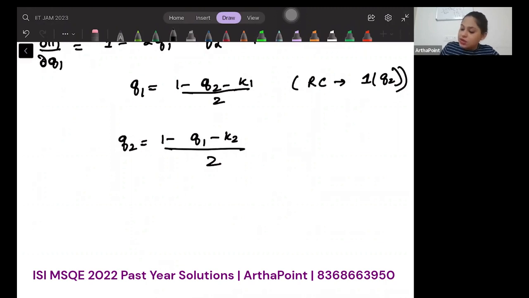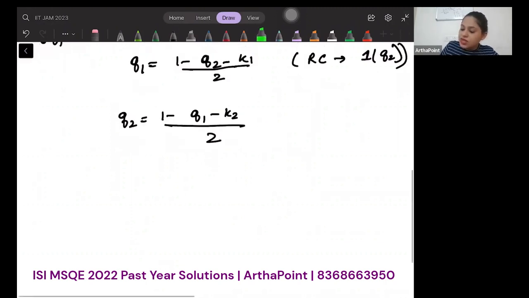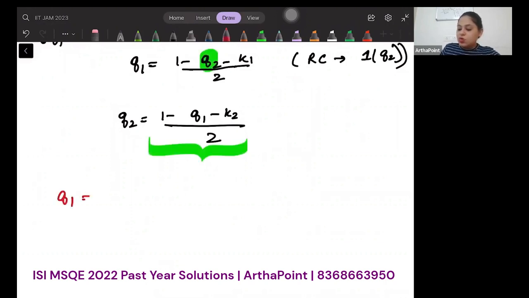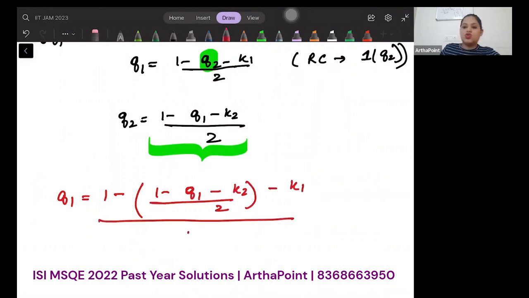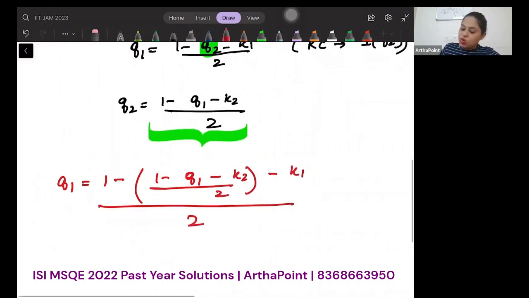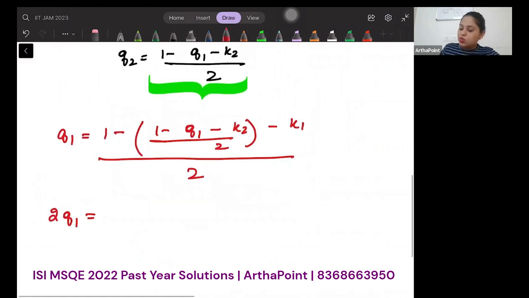So what will I get? From here, this Q2 can be replaced with this expression. So I will get Q1 is equal to (1 minus Q1 minus K2) by 2, all that minus K1, by 2. So 2Q1 is equal to (2 minus 1 plus Q1 plus K2 minus 2K1) by 2.